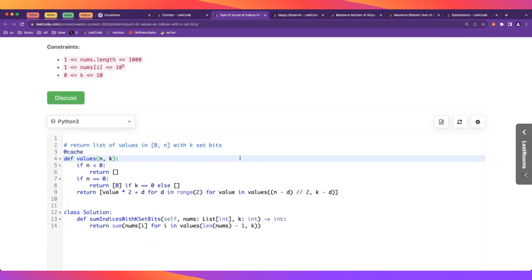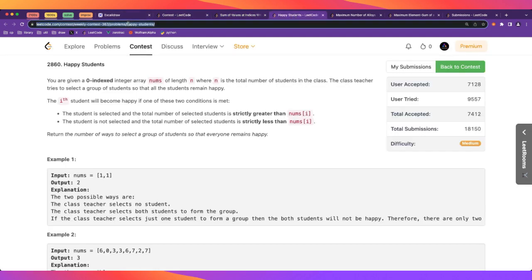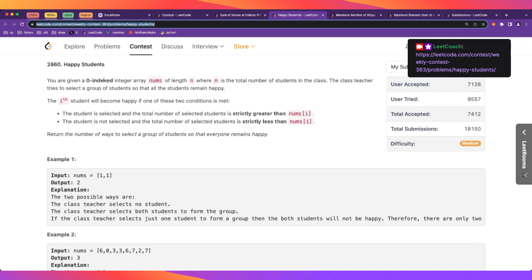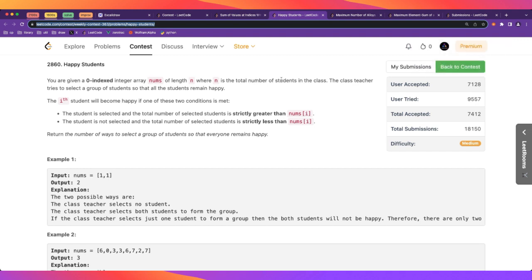That's cool. So yeah, let's go to Q2. Happy Students. You're given a zero-indexed integer array nums of length n, where n is the total number of students in the class. The class teacher tries to select a group of students so that all the students remain happy.